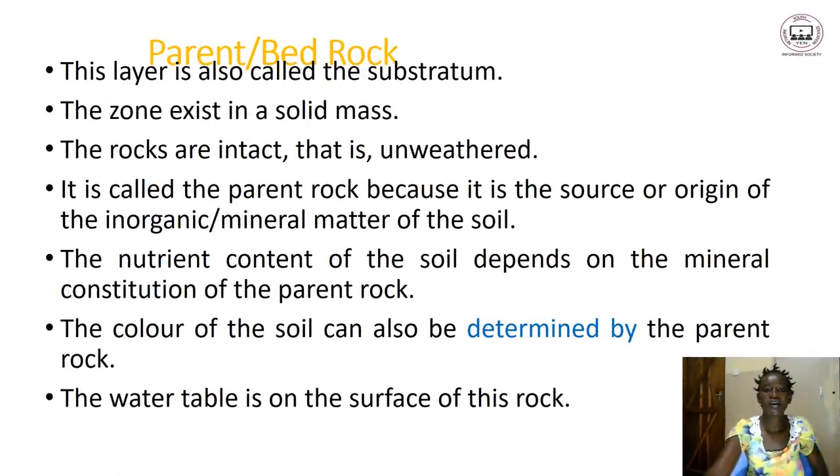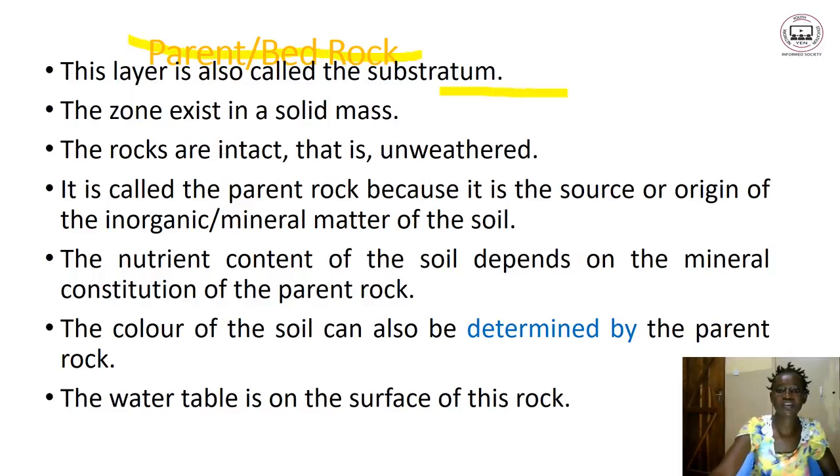Then lastly, we have this layer, the bedrock or the parent material. It is also called the substratum, and this zone exists as a solid mass. Most of the times, the rocks are intact, meaning they are unweathered in this layer.